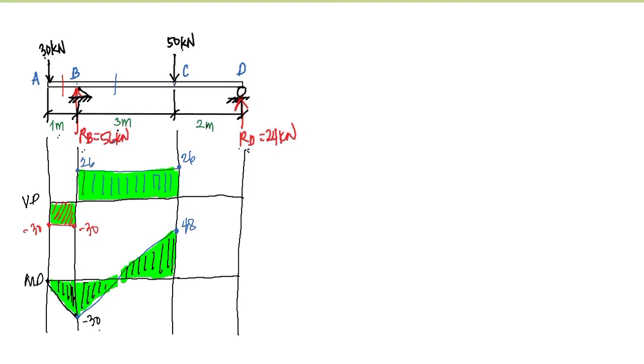Now let's proceed with the segment CD. So for the segment CD, we have here the limit from the leftmost part of the beam. So this is 4, and the point D here is 6. So our limit here is from 4 to 6.